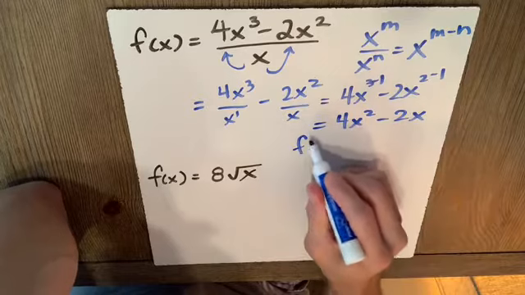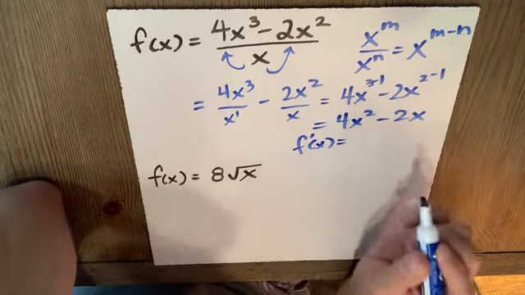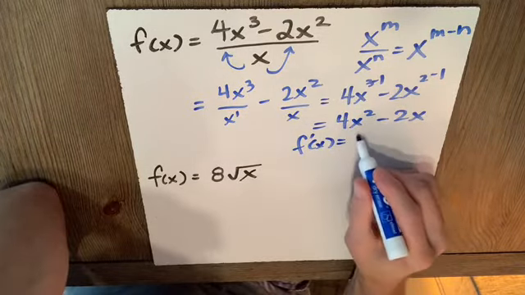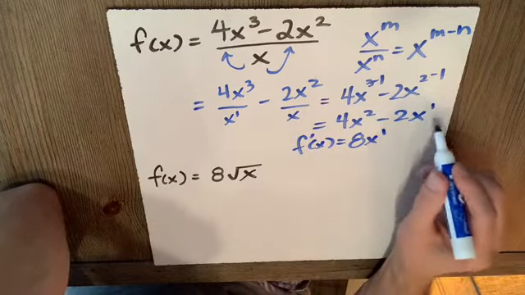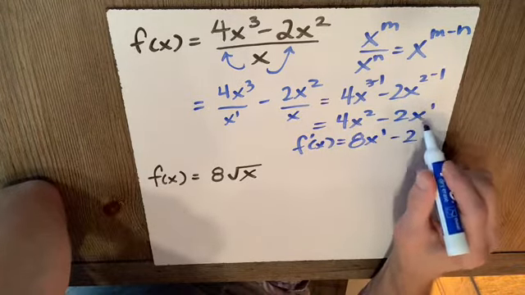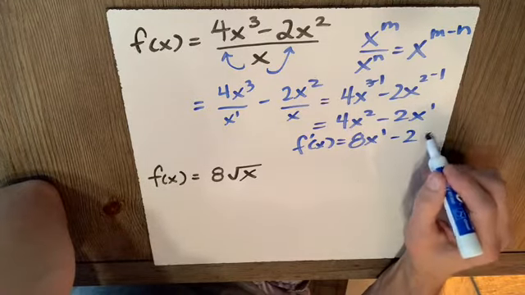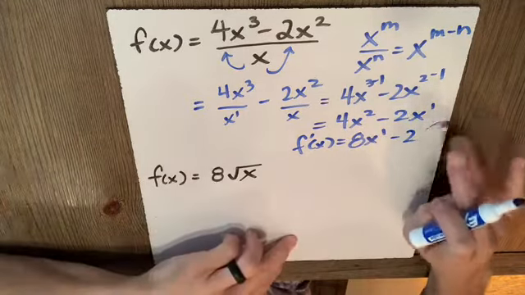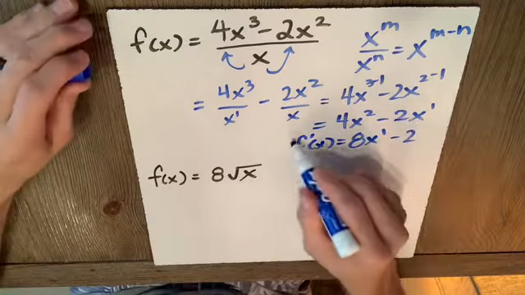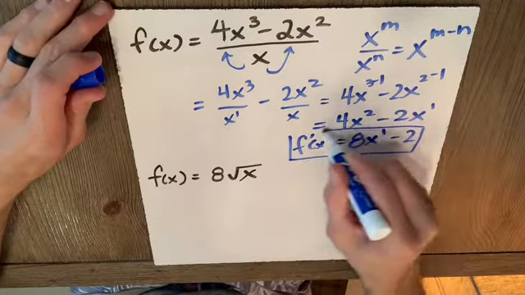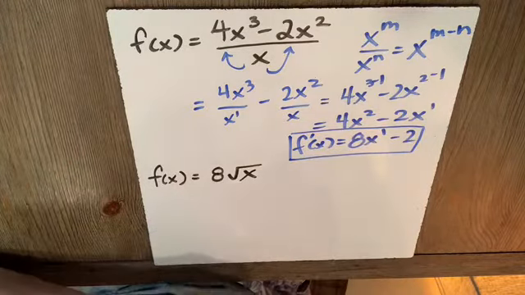That's f of x. So f dash of x would be multiply and subtract. 8x to the 2 minus 1 is 1. And here is minus 2, x to the 1 minus 1 is x to the 0. Again, I don't write that x to the 0. I know that the derivative of any linear term is simply the coefficient. So I get the correct answer, 8x minus 2.